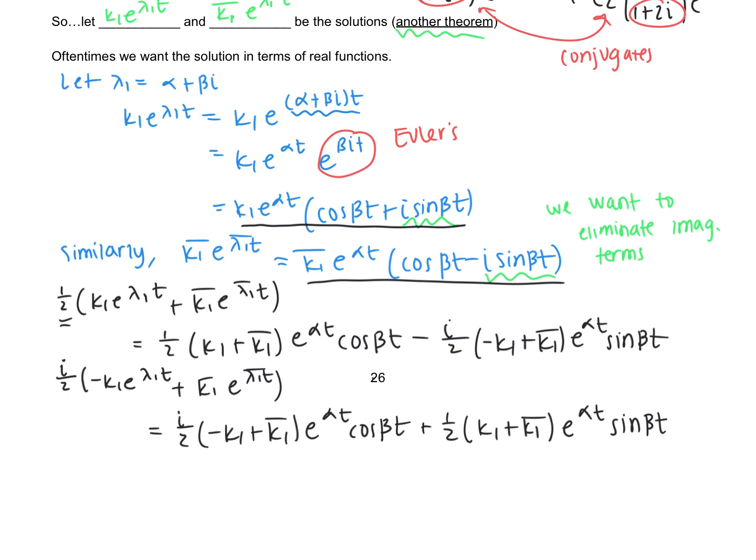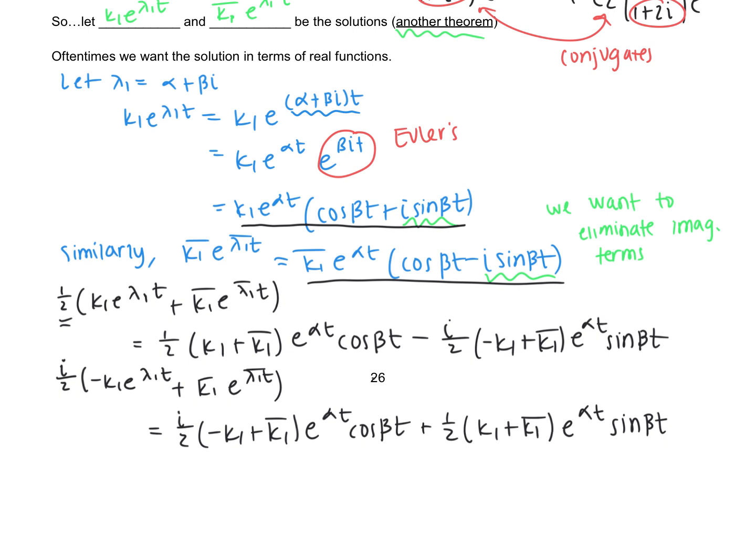And again, you can confirm that these two just come from what is underlined below. So all we did was add these two, apply i over 2, so multiply by i over 2, and bring together those terms that were similar. Okay, so at this point, let's take a pause and see, where are we at?